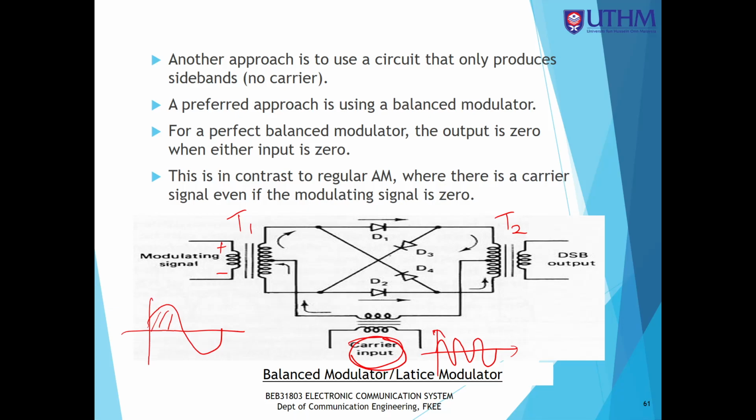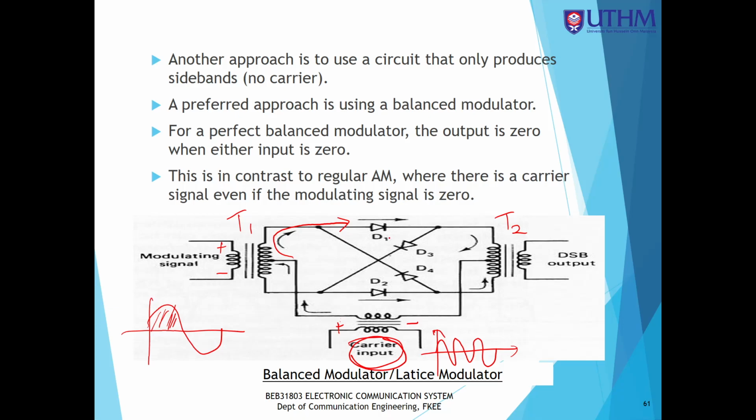Because the carrier has a higher frequency, it will keep on rapidly changing, positive negative positive negative, during the first half of the input modulating signal. If at the beginning, for example, the polarity is positive here and negative here, the current will flow like this.